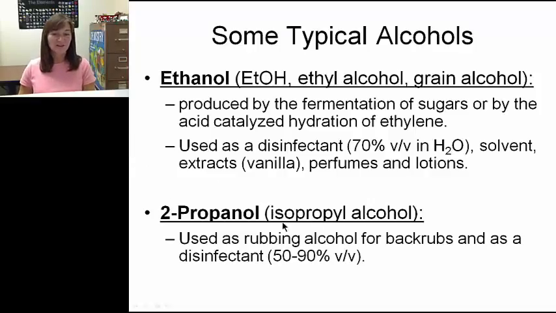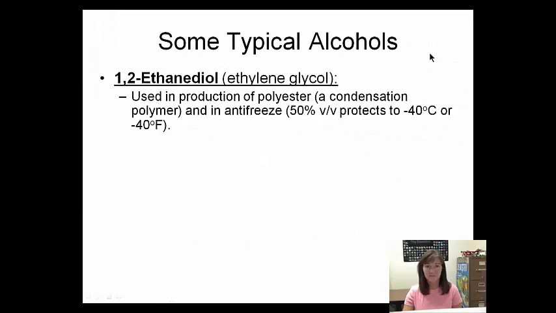2-propanol, also called isopropyl alcohol. This is the common alcohol that you have, like rubbing alcohol, if you're going to disinfect something. So it's used as your rubbing alcohol, back rubs, disinfectant. 1,2-ethanediol, also called ethylene glycol. I'm not going to take you this deep into naming alcohols, but just out of interest, when you see the prefix di in front of the OL, that lets a reader know that there are 2 OH groups, 2 hydroxyl groups.